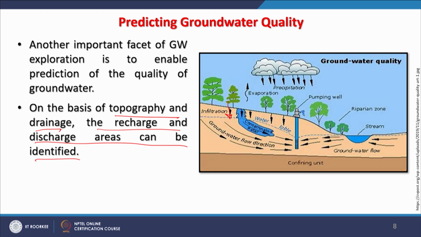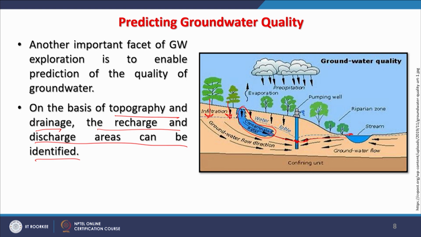See, these are the recharge areas, and then discharge is occurring here, and these are effluent river streams, and so on. But in between, if there is a geologic formation which has contaminants or is not good from the groundwater point of view, then that will also enter my well or this bore well, but the river might not have any influence of that at all.